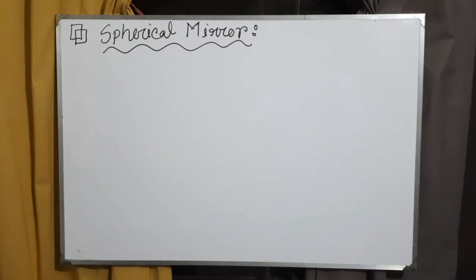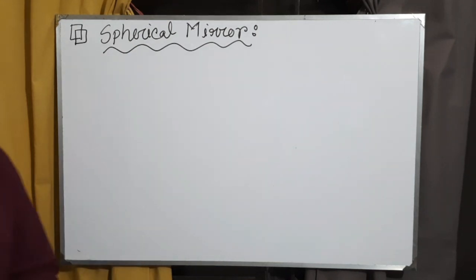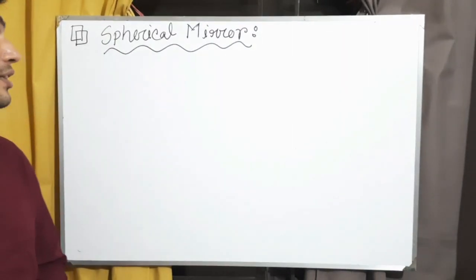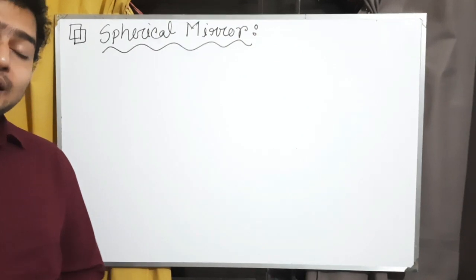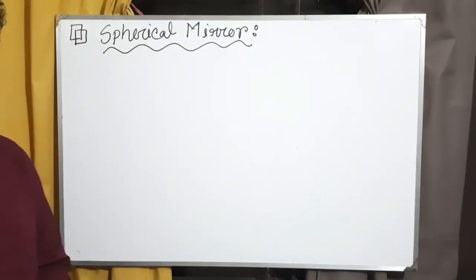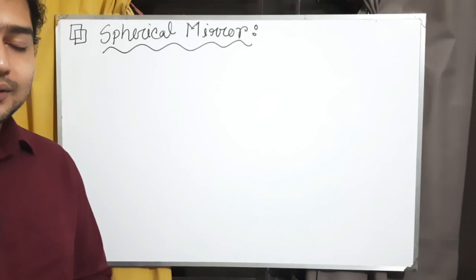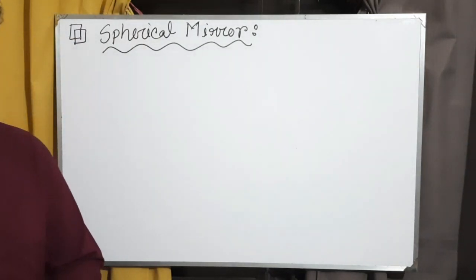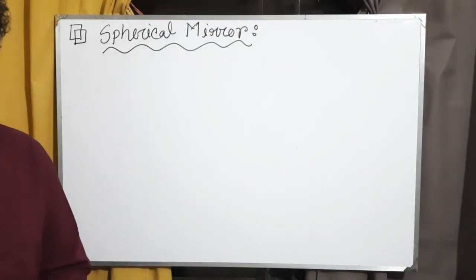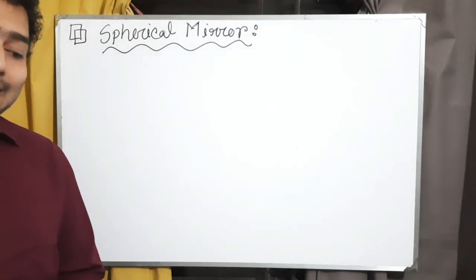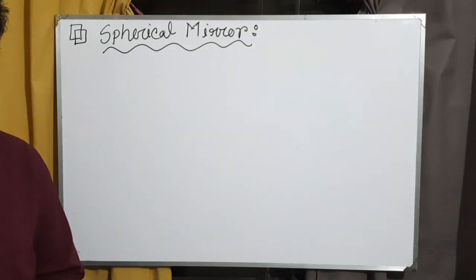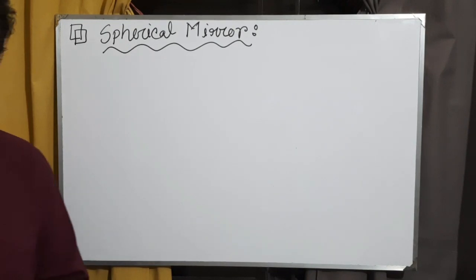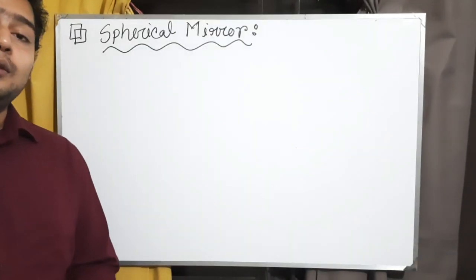Our first topic is the spherical mirror. In our previous class we learned about the plane mirror, but today's topic is the spherical mirror. So the first question is, what is a spherical mirror? When we use a portion of a hollow sphere and coat its surface with a silver or aluminum layer, this type of mirror is called a spherical mirror.